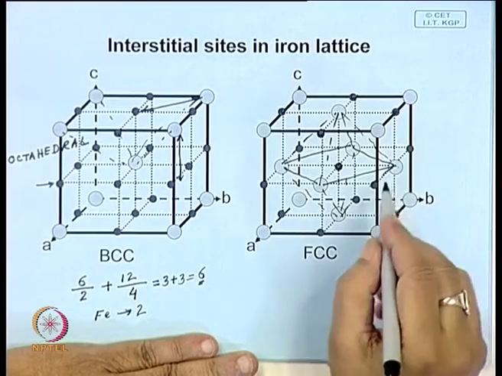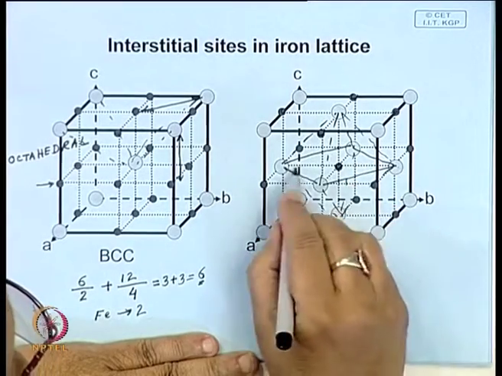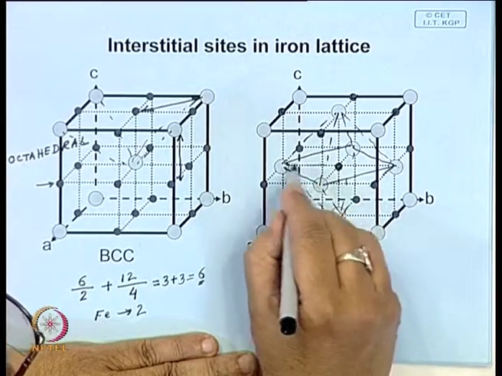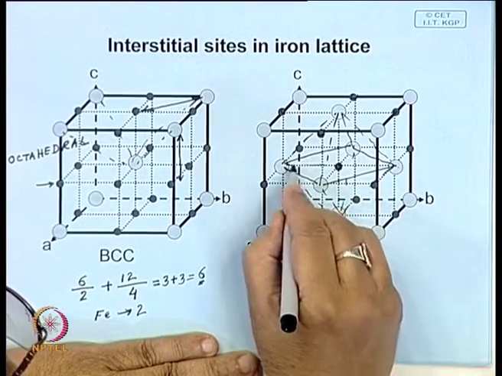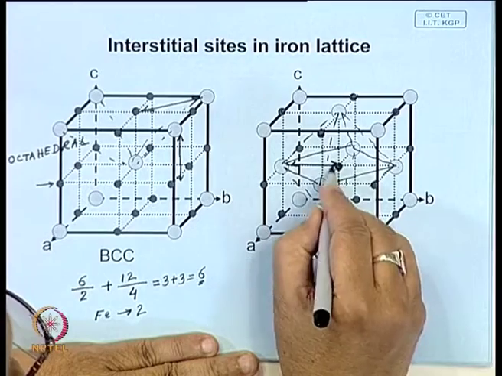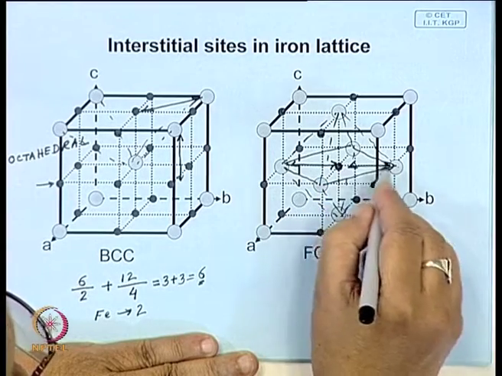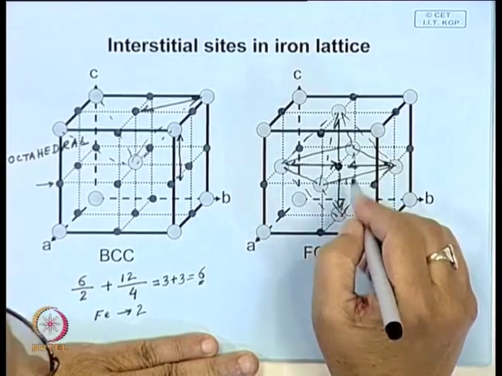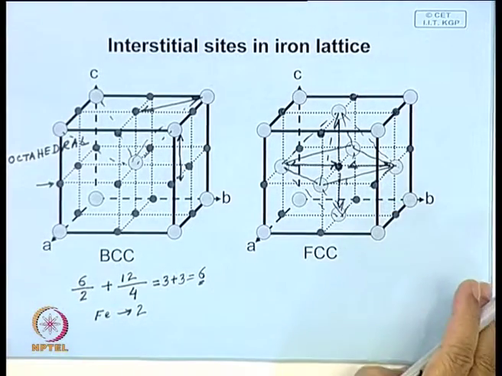But the difference here is that this octahedron is regular, I mean the dimension in this direction and the interstitial gap in this direction, they are identical.